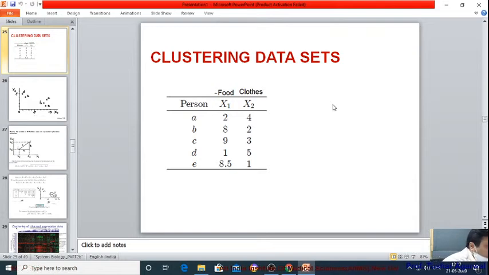Okay, so yesterday we stopped over here, at what is clustering of the data sets, right? I was trying to give you some examples. So today we have a real example, just a random example where I was showing you two different things.